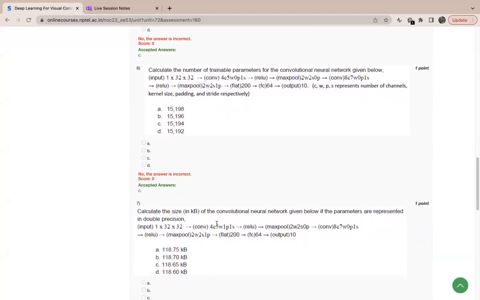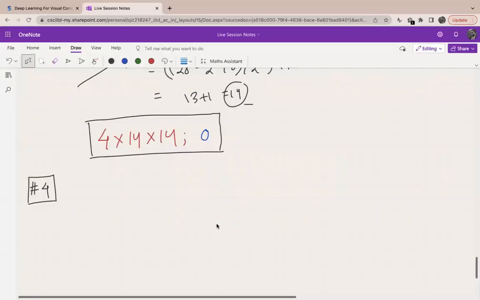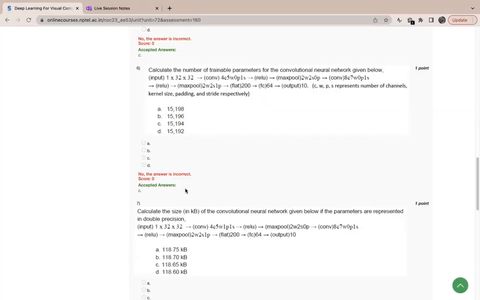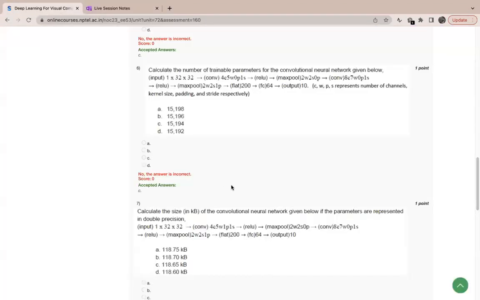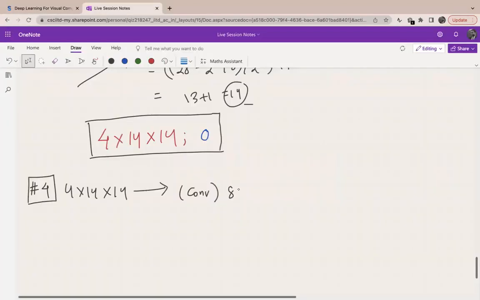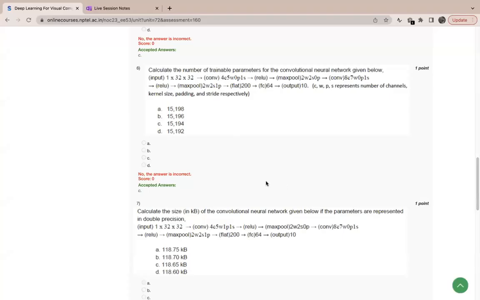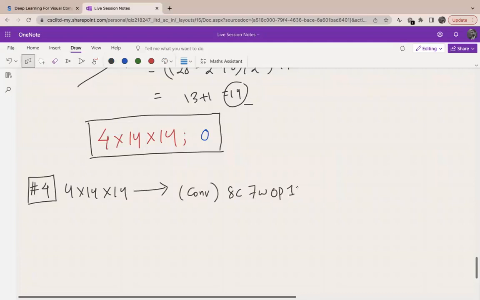Let me write that down. 4 cross 14 cross 14, and we're passing it to one layer of 8C, 8 channels, 7 width, 0P 1S, 0 padding and 1 stride.